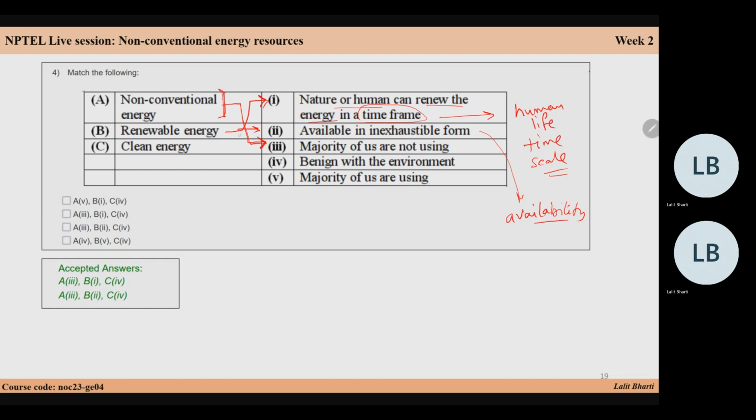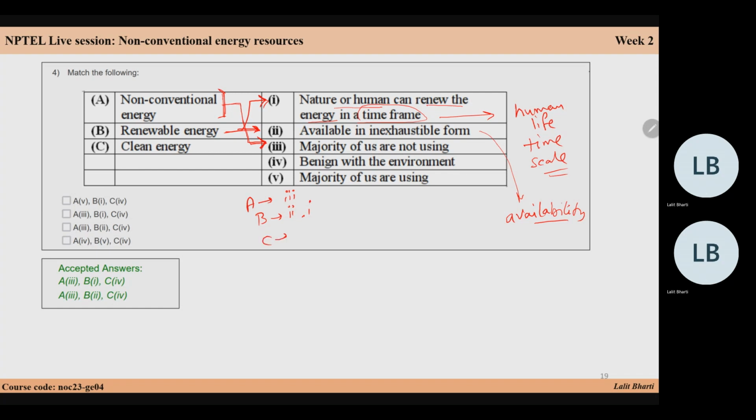So we can say A goes to first, B goes to second, as well as A goes to third, B goes to second, as well as first.